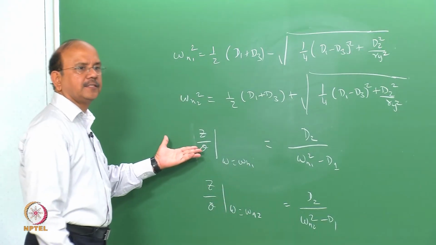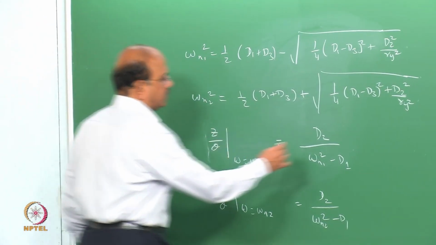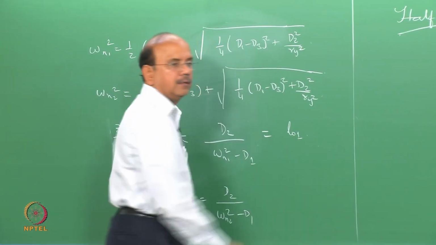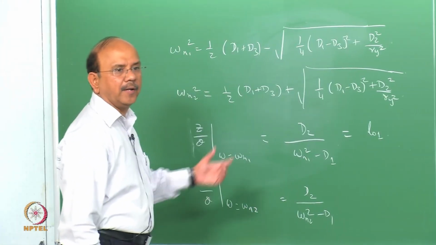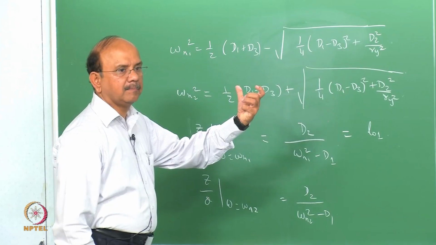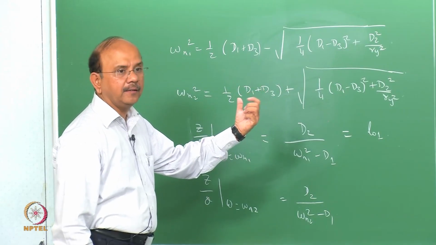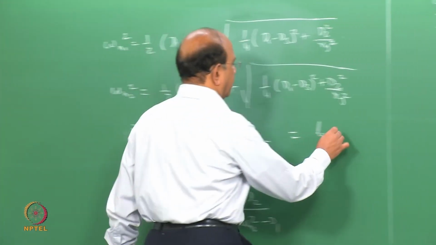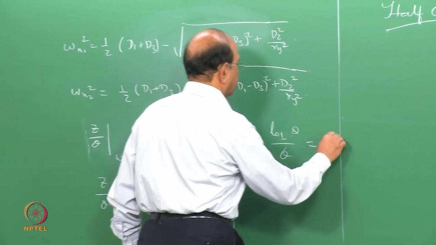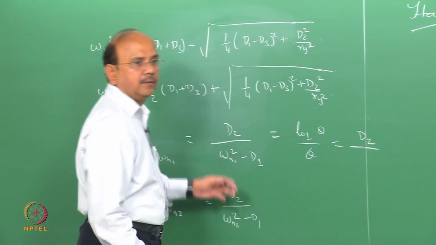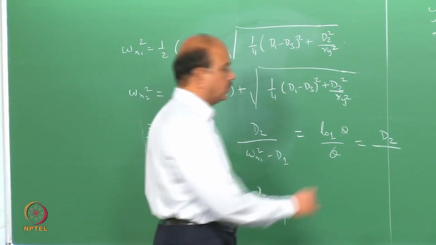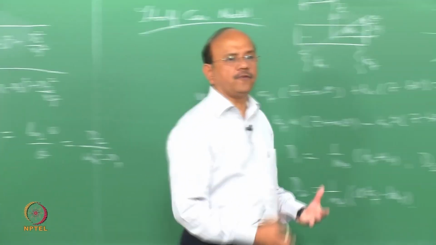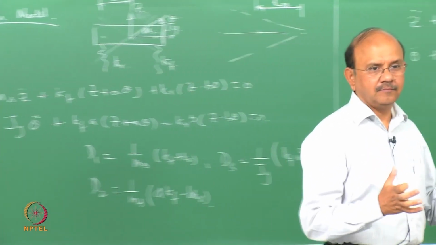So this is equal to L01, approximately theta divided by theta is equal to d2 divided by omega n1 squared minus d1, from which you can find out L01.